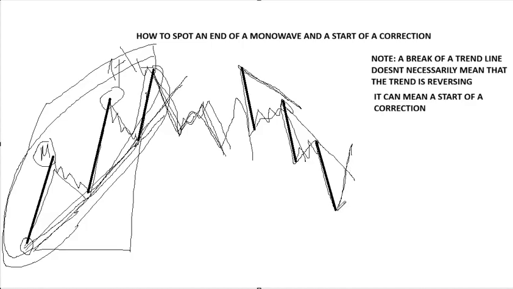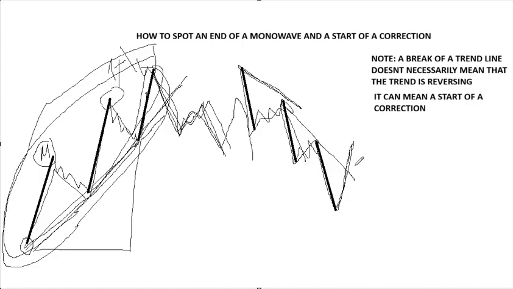Unless this comes strongly to the upside and gives us the fast mono wave as well, like that, in a sharp move, then it corrects for a very long time, then we want this to go to the upside again. But this we are going to also talk about later on as we move on. But understand that a break of the trend line doesn't necessarily mean that the market has changed the structure.